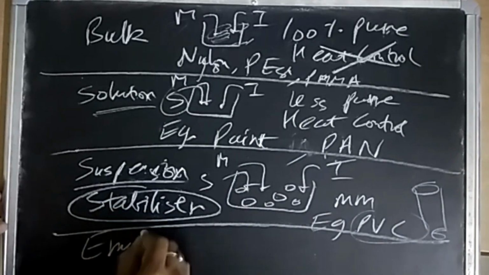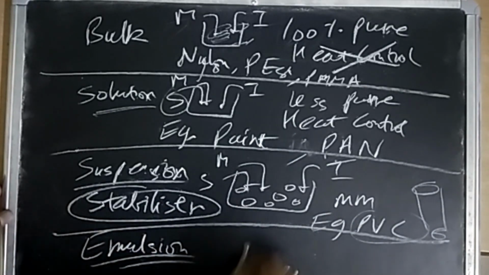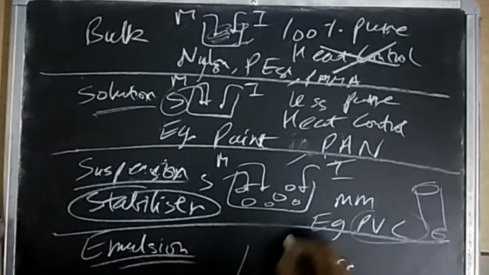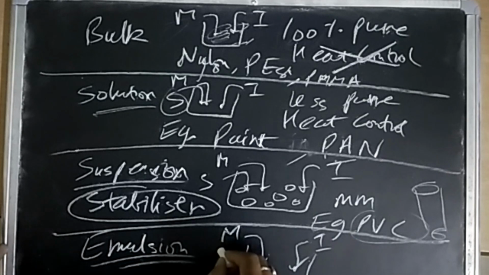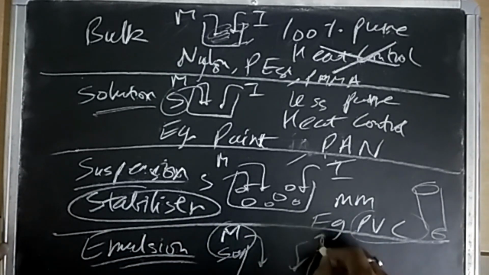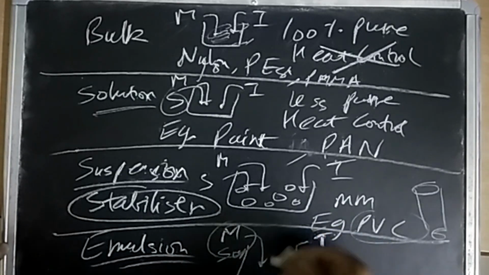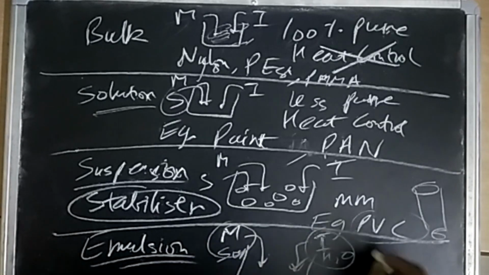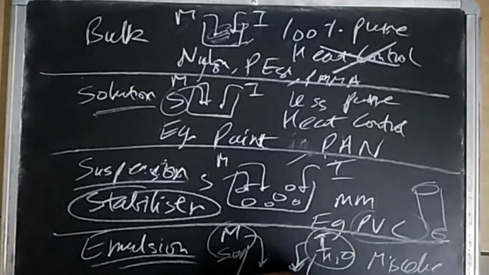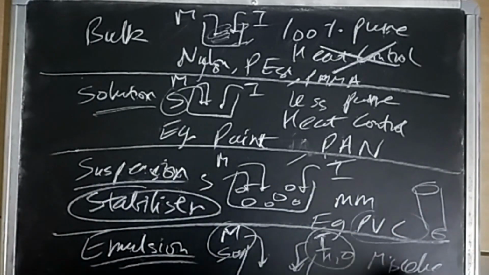While emulsion, the final one, we take again the same reactor and we mix the monomer, but now monomer with soap, and initiator that initiates the polymerization, which is water soluble. Now micelles would be formed because soap and water separate out, so micelles will form.